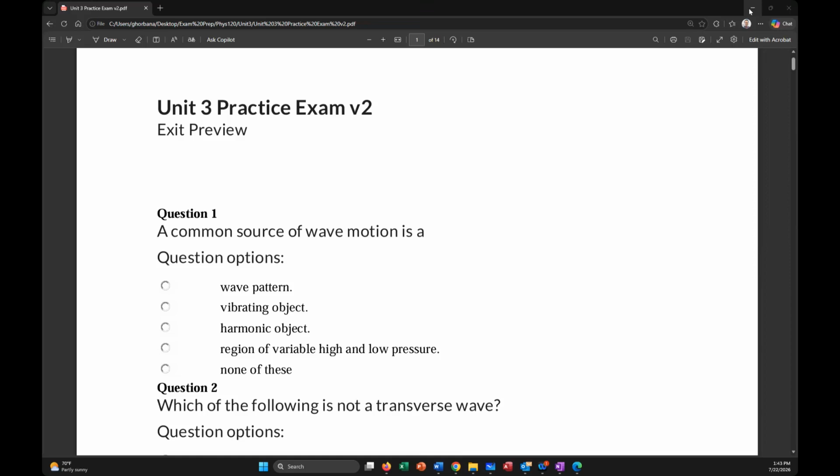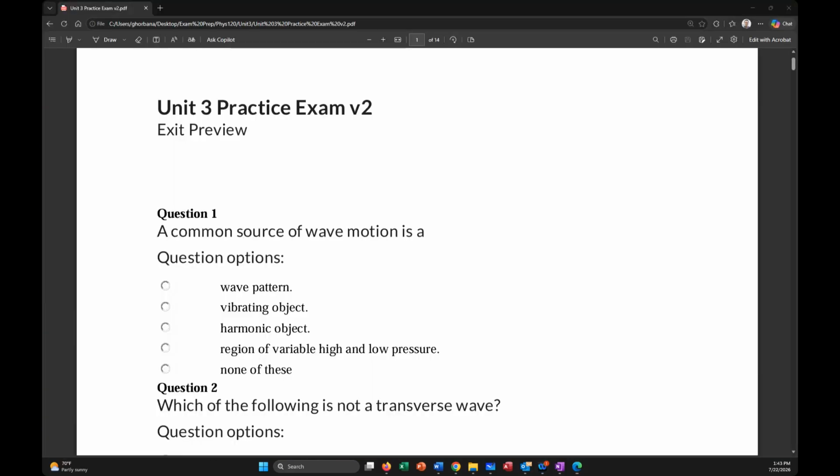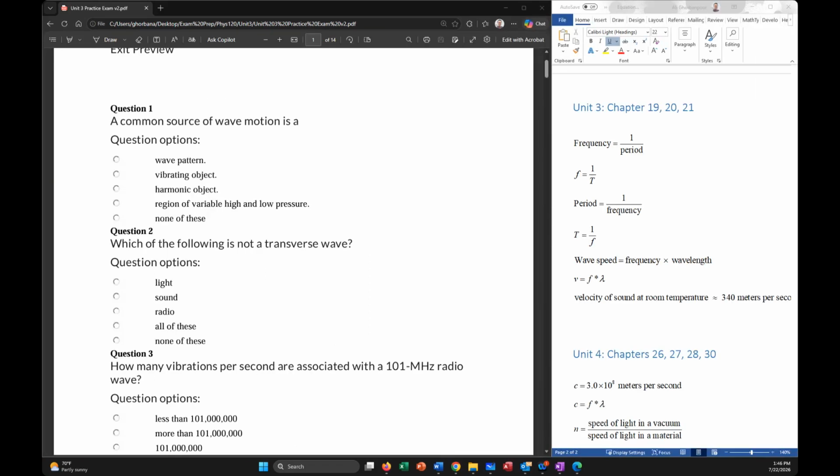Okay, it's not here. Let me download the equation sheet. Okay, the equation sheet is available on the right side.